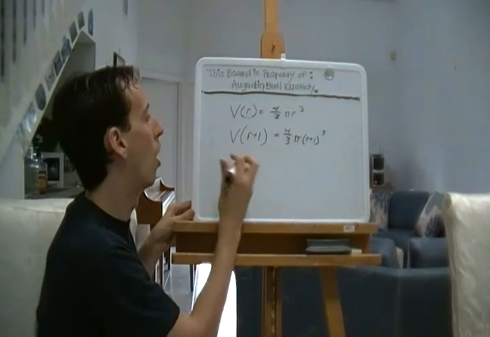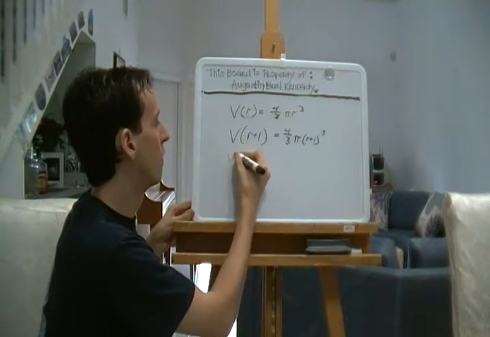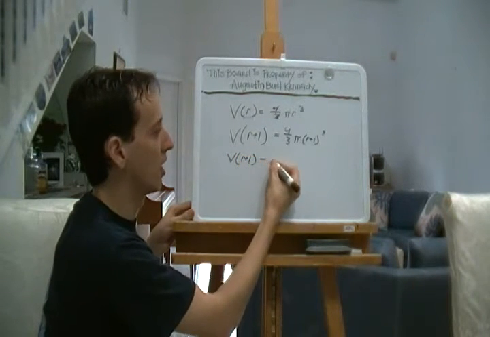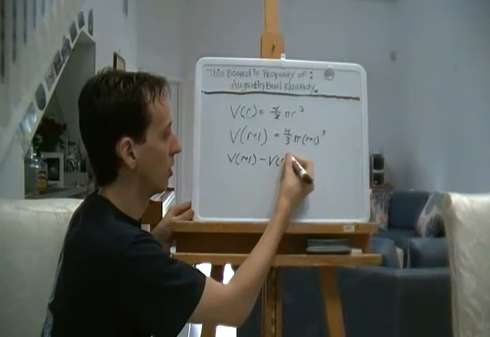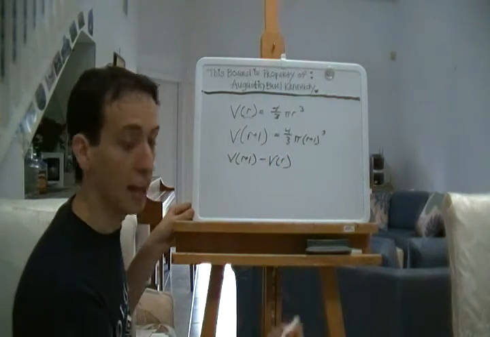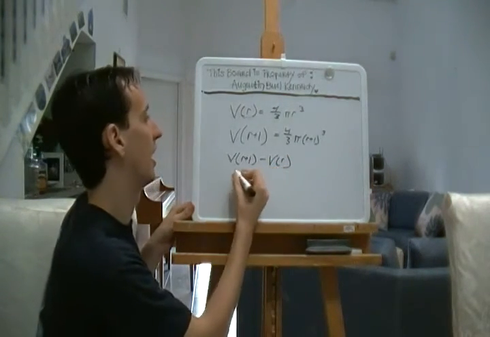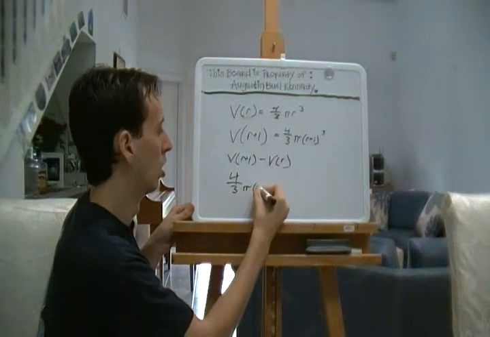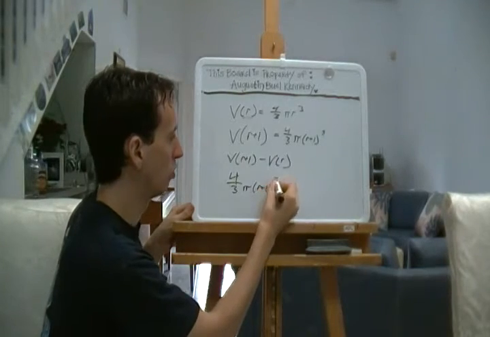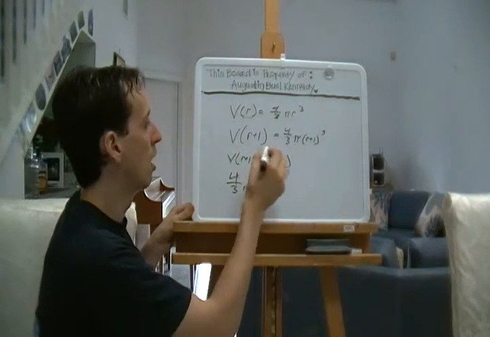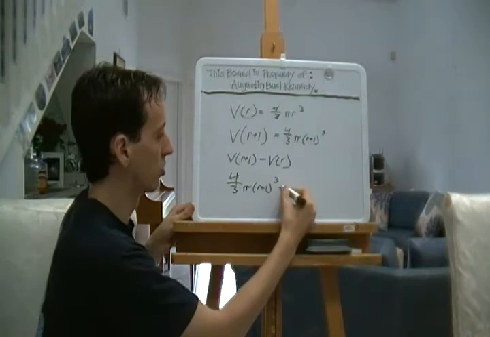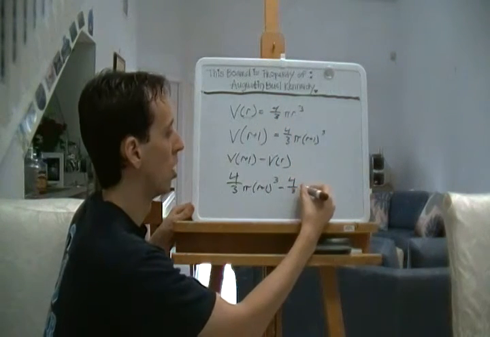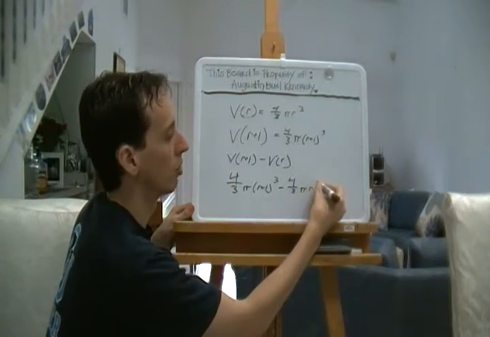So what we want is V(r plus 1) minus V(r). And it turns out that the answer is 4/3 pi (r plus 1) cubed minus, we replace V(r) with its function, 4/3 pi r cubed.